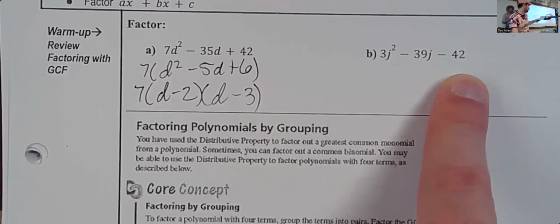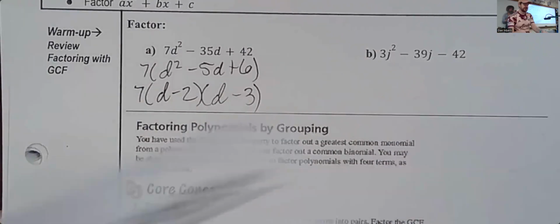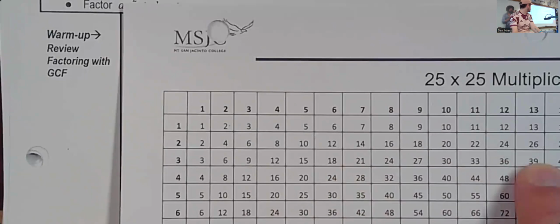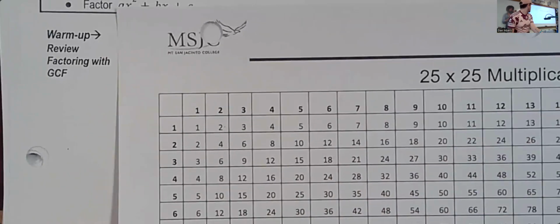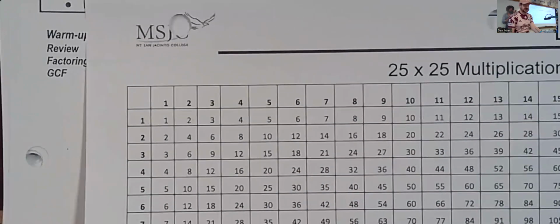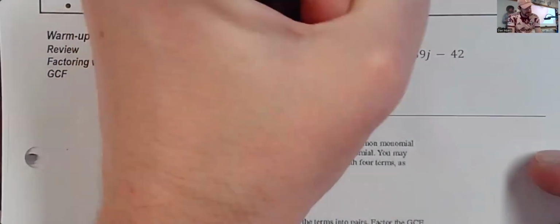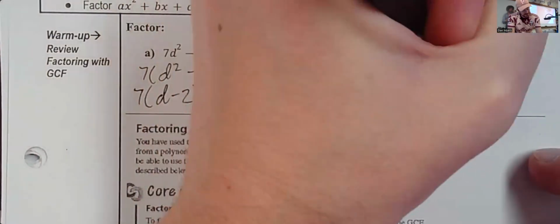Or, you know, if you want to go to 3 on your multiplication chart and then find 39, which is right here, that means 3 times 13 is 39. If you want to find 42 as well, it's just the next one, so 14. So we got 3j squared minus 13j minus 14.